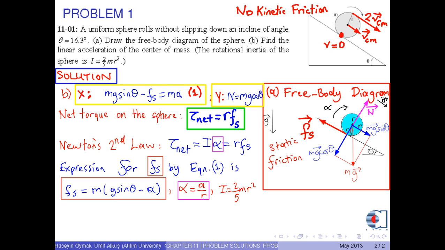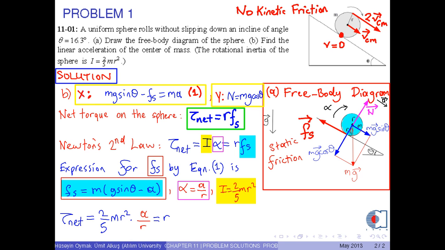And because alpha equals a over r and I equals 2 over 5 times m times r squared, the expression for net torque is written as 2 over 5 times m times r squared times a over r equals r times m times g times sine theta minus a.